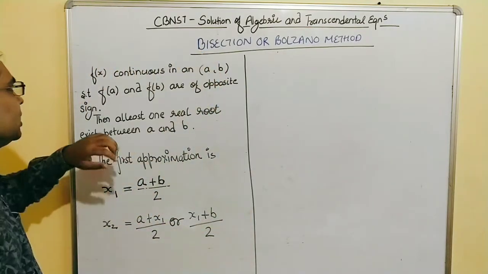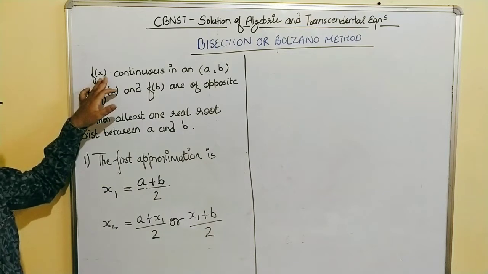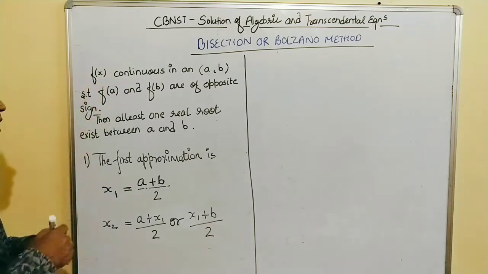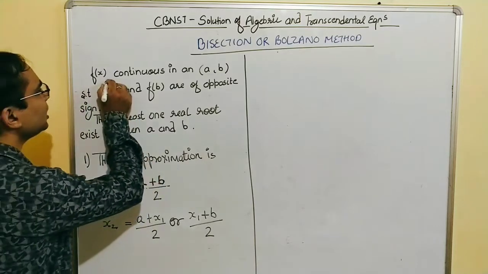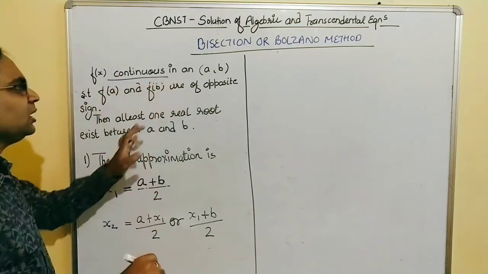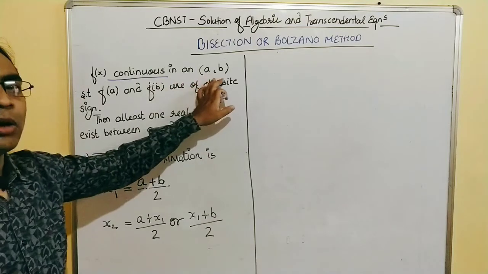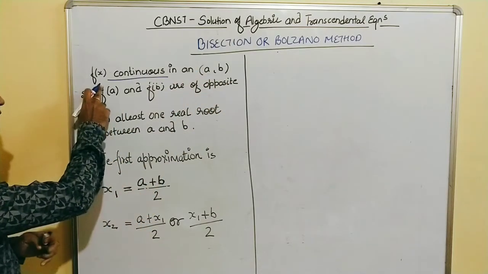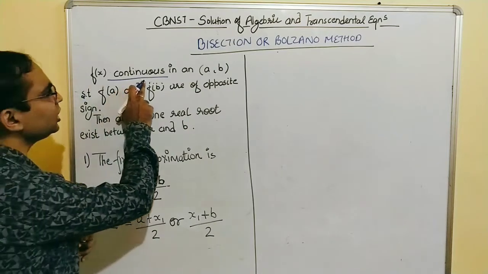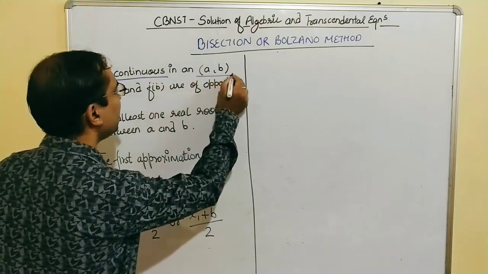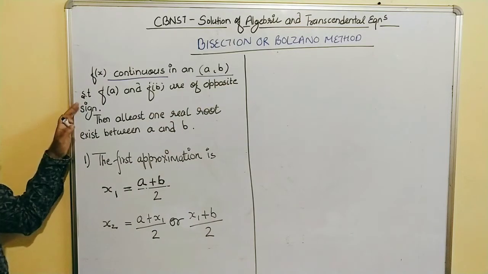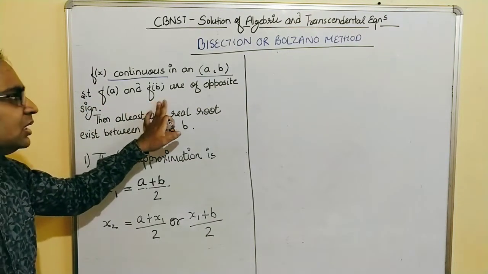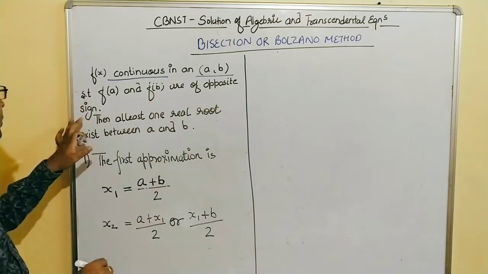The bisection method says if f(x) is a function on x, there is a condition that it has to be continuous in an interval [a, b], such that f(a) and f(b) are of opposite sign.